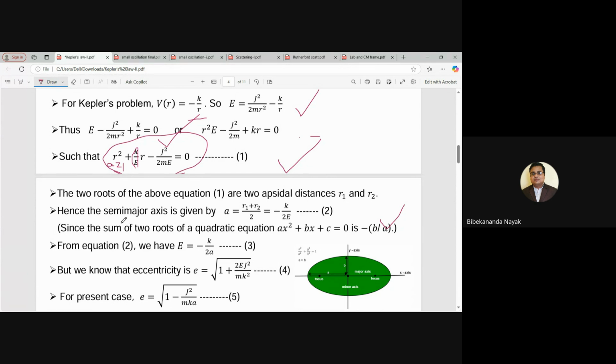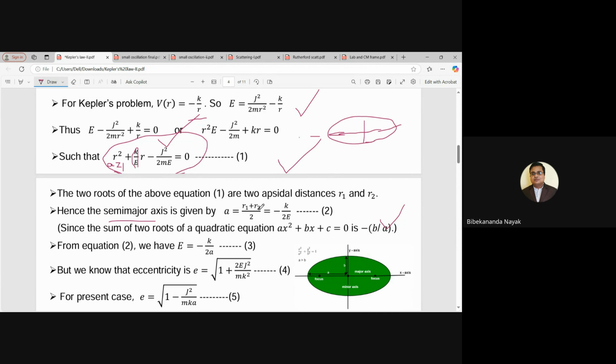So now we know that the semi-major axis is r1 plus r2 by 2. Okay, what we have already discussed. If this was r1 and this is the second point r2, then r1 plus r2 by 2 is the midpoint, which is the semi-major axis.